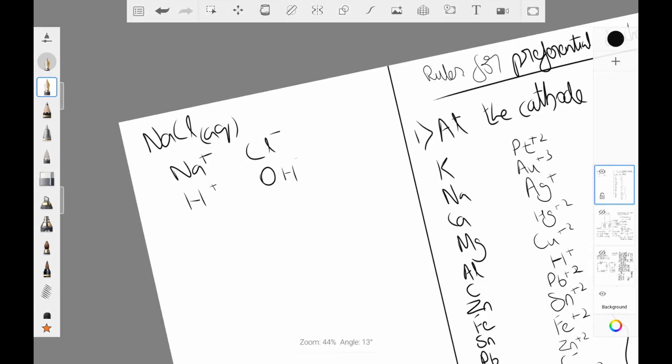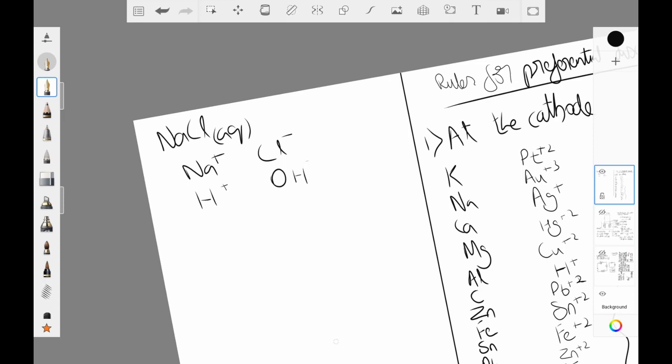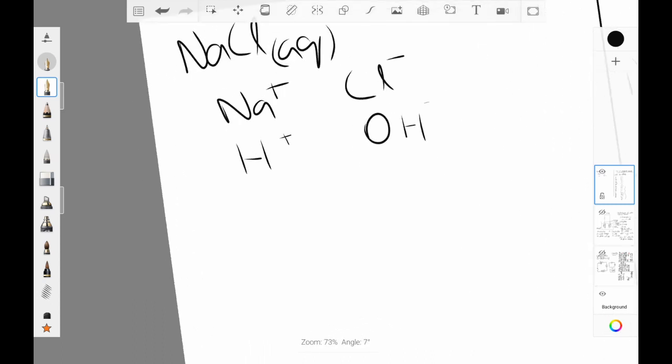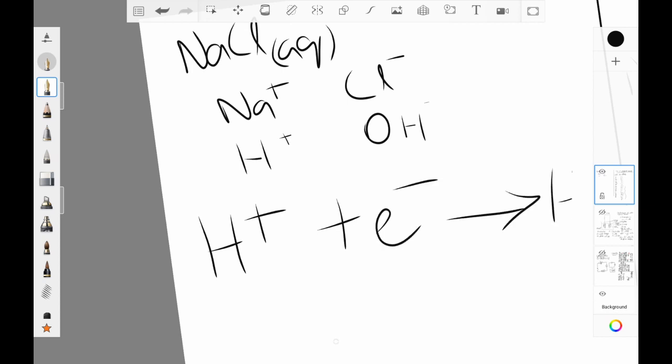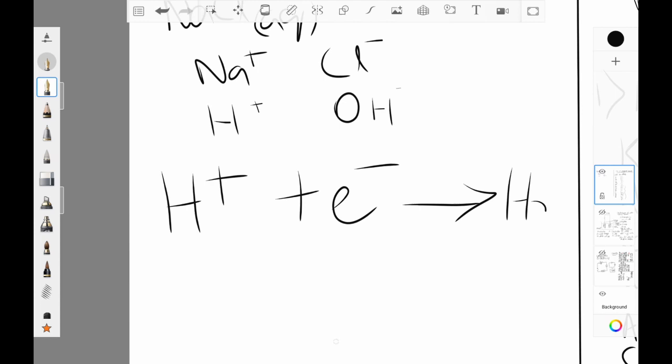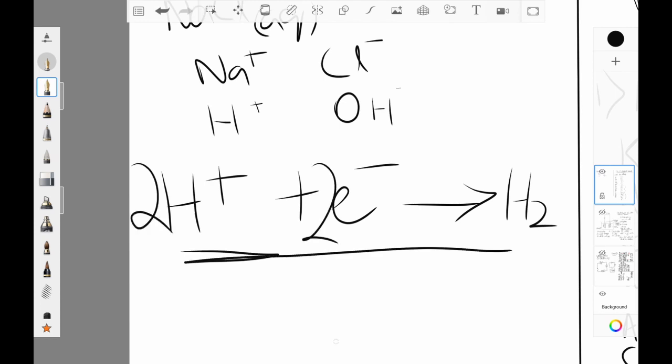So in the case of my sodium chloride aqueous solution, because the sodium ion is below the hydrogen ion in the electrochemical series, it will not discharge, and instead you'll see the hydrogen ion discharge. So you'll have H+ plus 1 electron, which gives you hydrogen. Hydrogen is a diatom, so you account for that and balance accordingly, and this will be the half cell equation at the cathode.